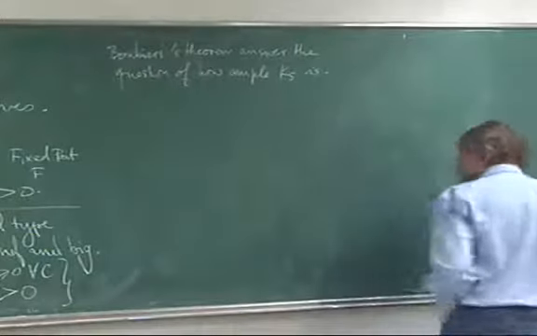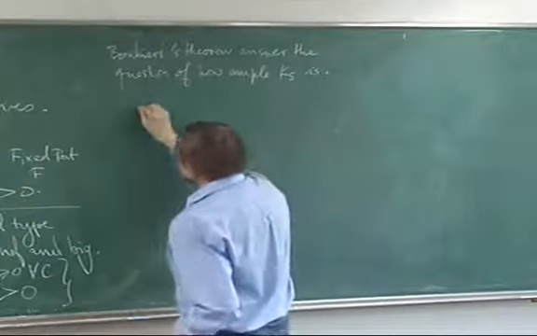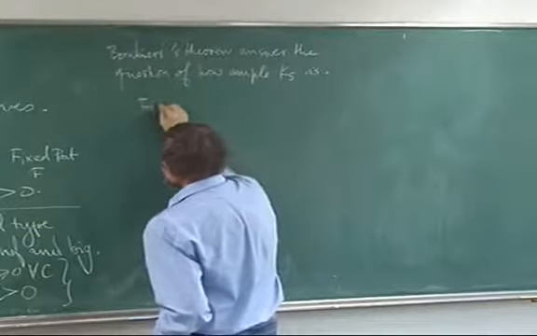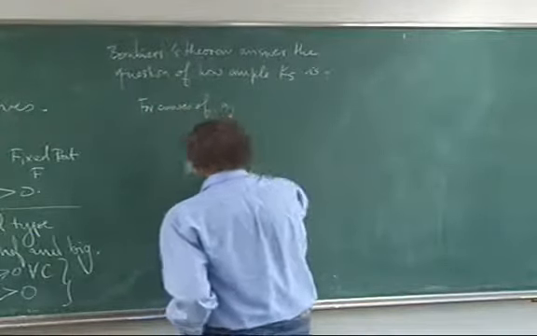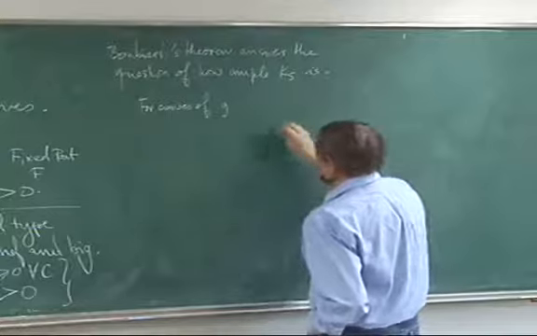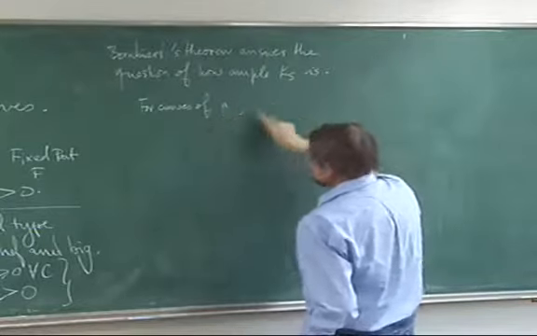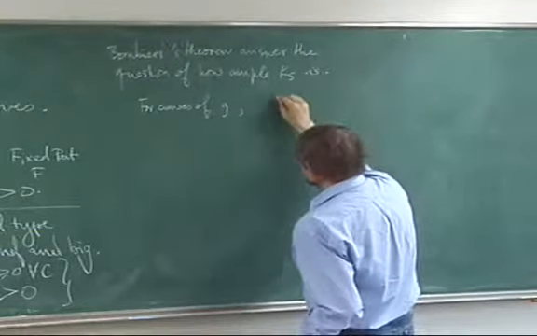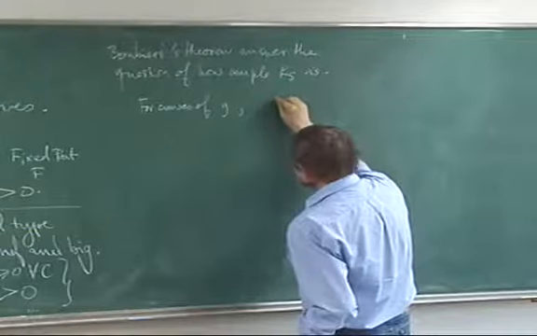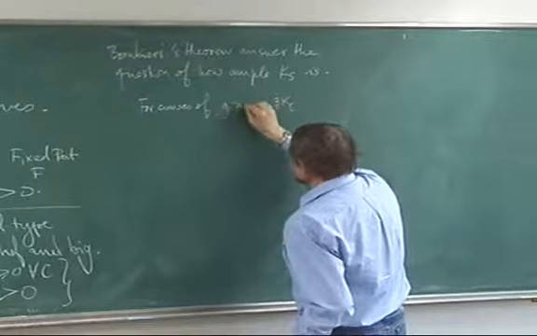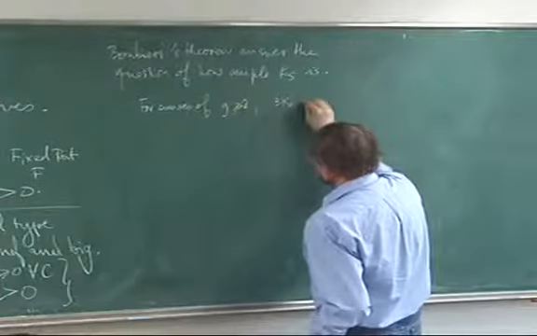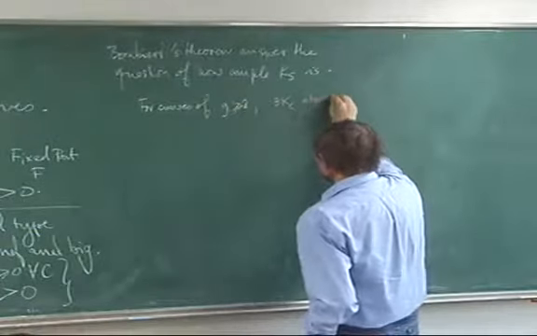Remember for curves of genus G, for a curve of genus G greater than or equal to 2, we have that 3Kc is always very ample.